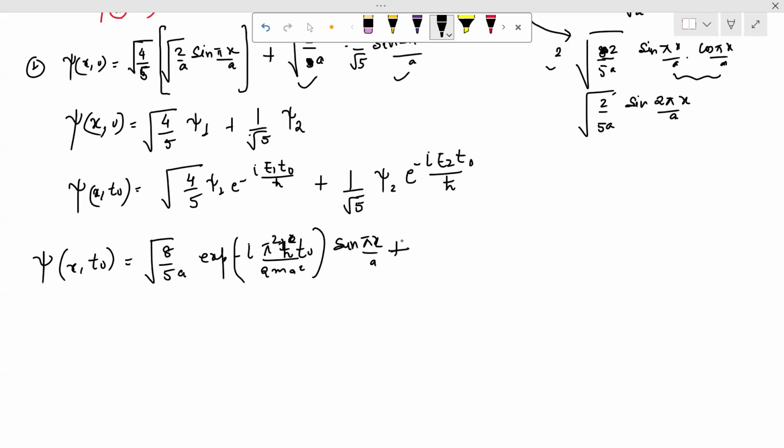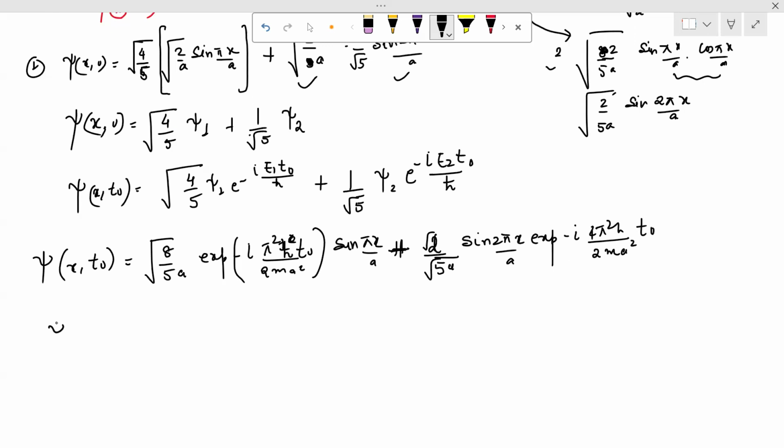And then plus 1 upon root over 5, and then you have root over 2 upon a, and this will be sine of 2 pi x upon a, and exponential minus iota 4 pi square h bar upon 2m a square t. I hope it is clear.